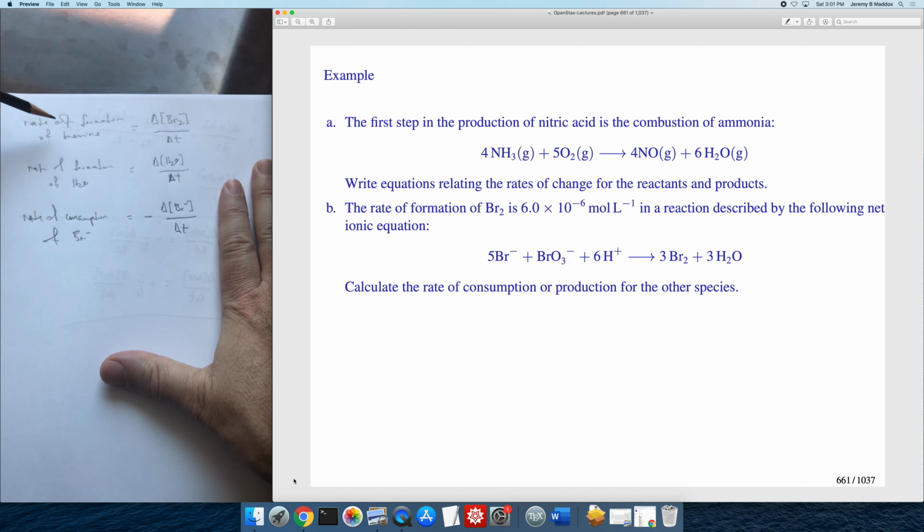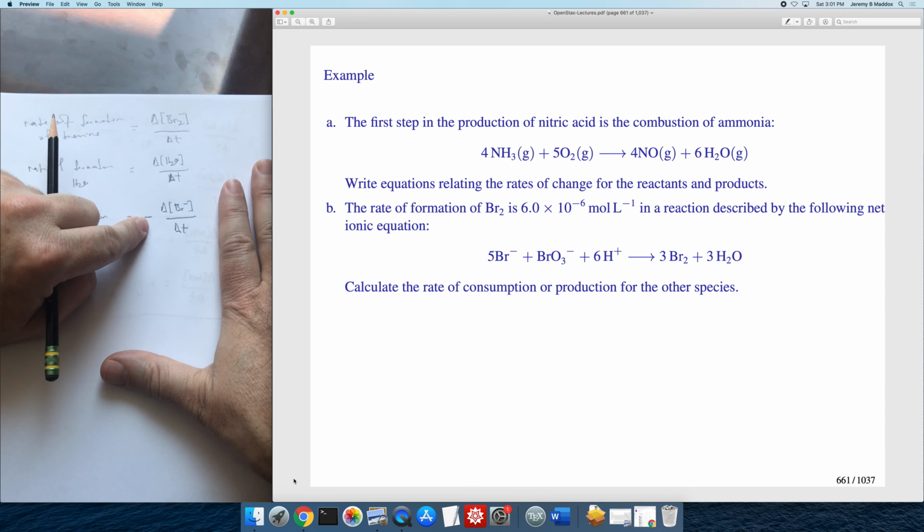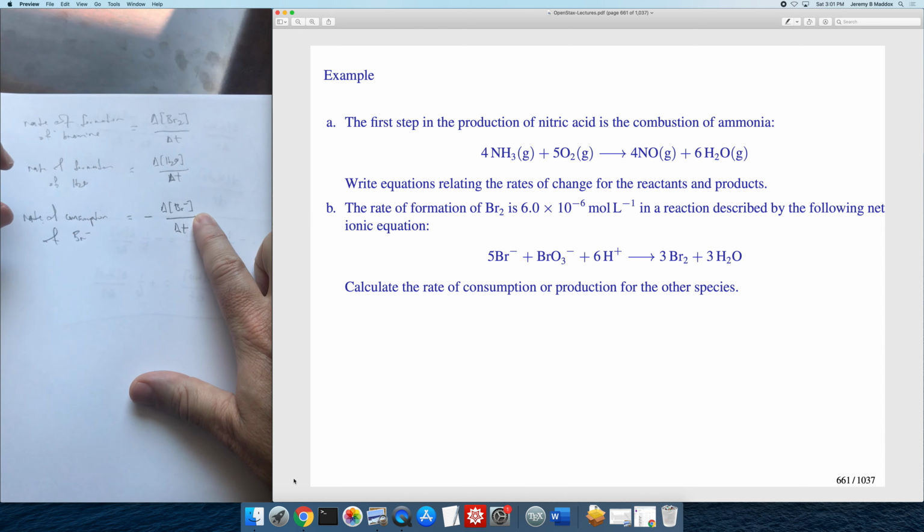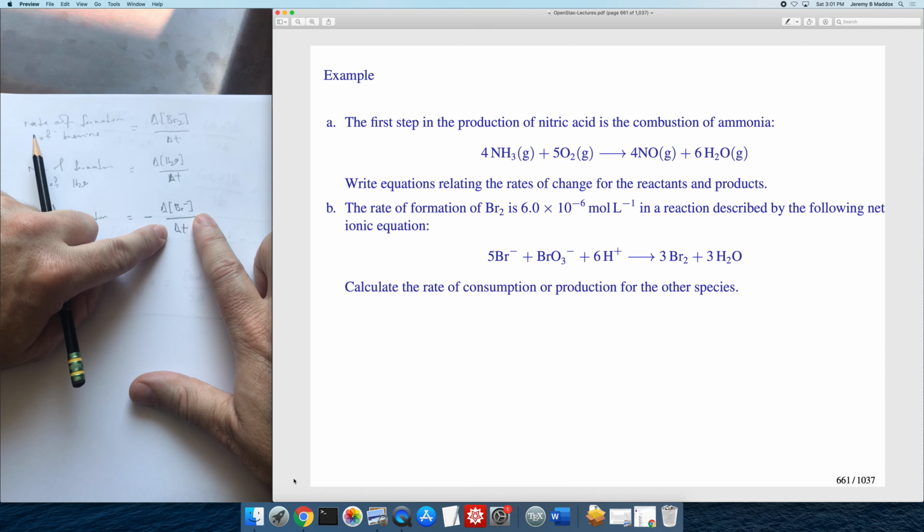Okay, so the rate of formation of a product is distinct from the rate of consumption of a reactant, which is distinct from the rate of the reaction itself. Now, they are related mathematically, but they're different. Now, the reason we include the minus sign here is because the bromide concentration is going to decrease, and by definition, we want this to be a positive number. But we don't include the stoichiometric coefficient.